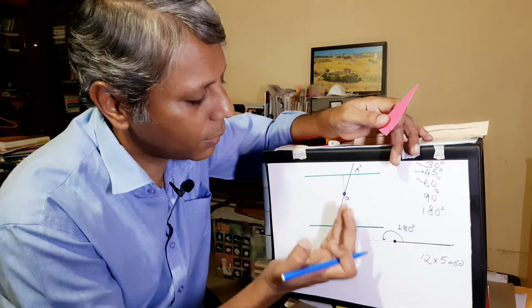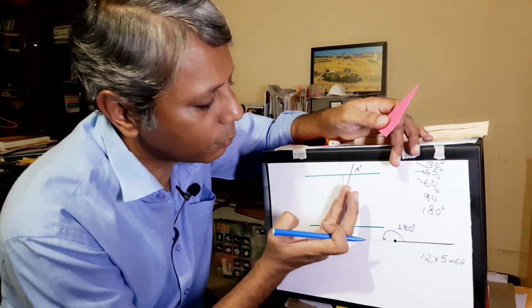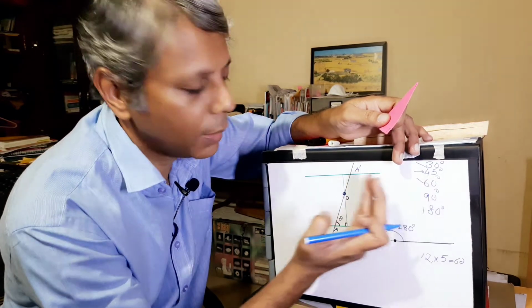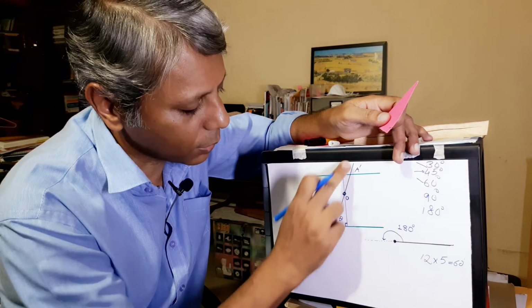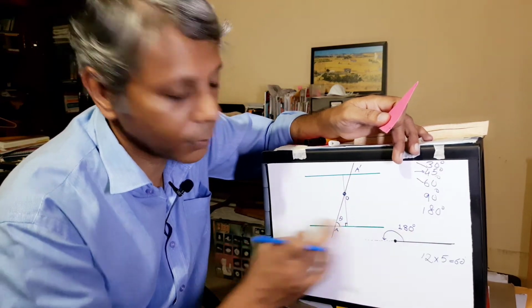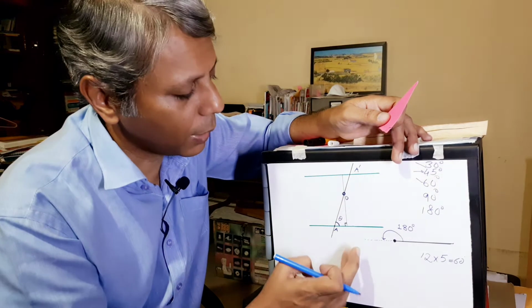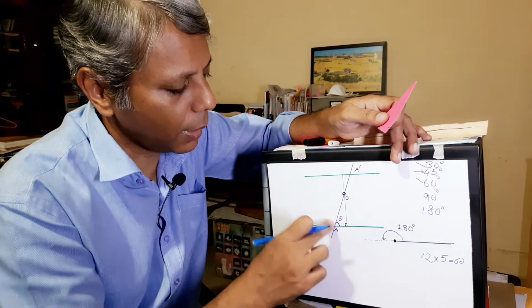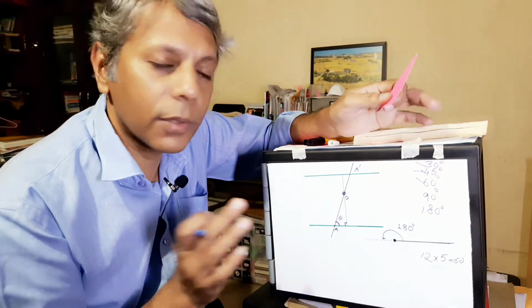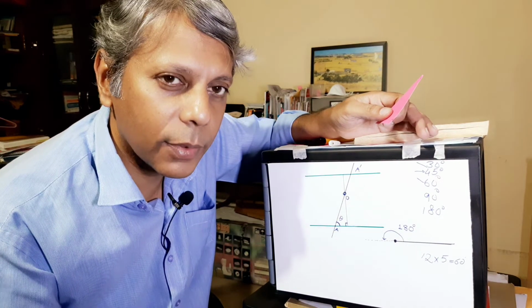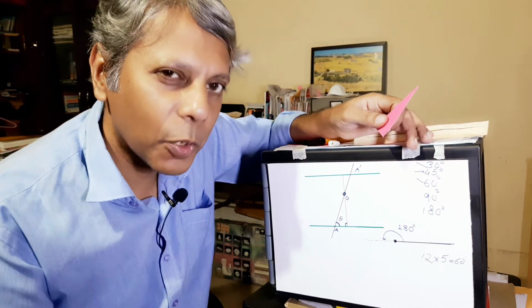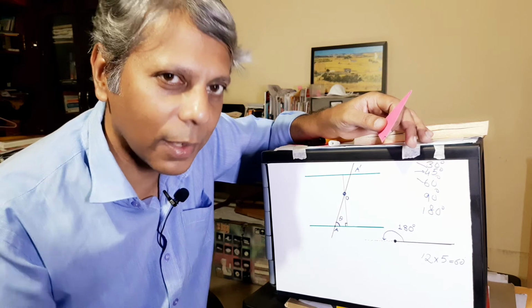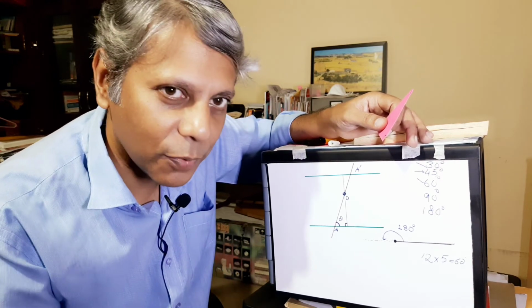So this line, if it is moved alongside, keeping this direction theta to the parallel line, anywhere you take it, those two points will have the same distance as A and A dash. This is an important property of parallel lines. We will discuss more about parallel lines a little later, maybe in the next video.